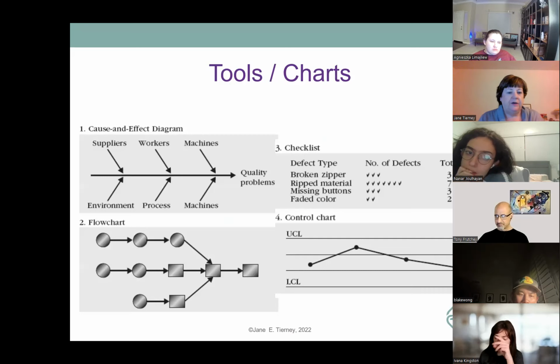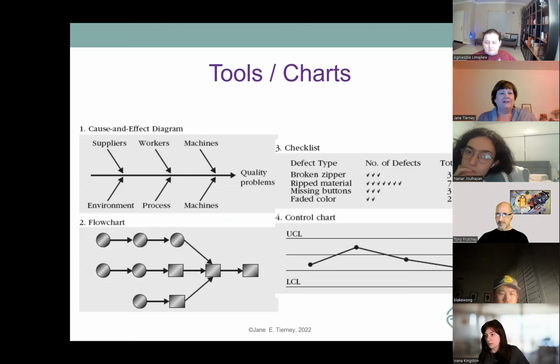Cause and effect diagrams are also called fishbone diagrams, and they're also called Taguchi diagrams. Is it Taguchi? No, I think it's Kawasaki. Why don't I know what that is?